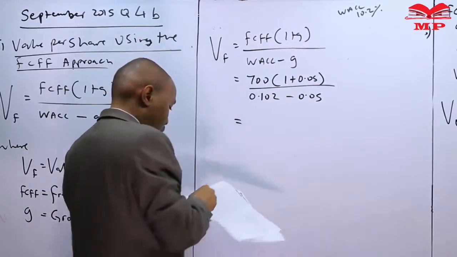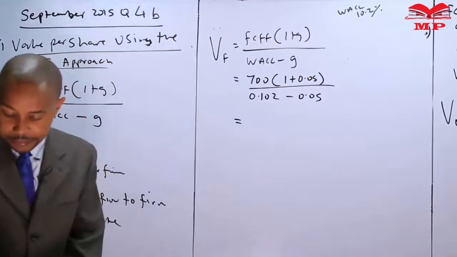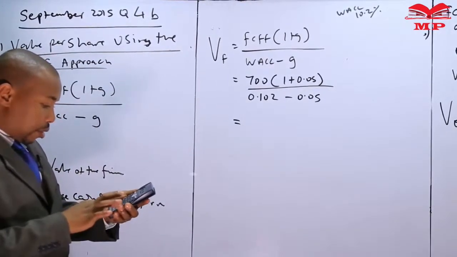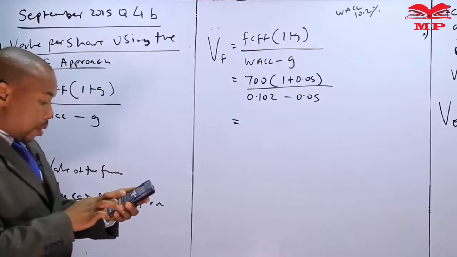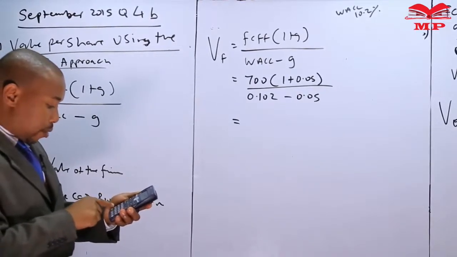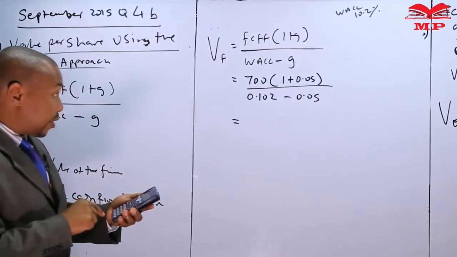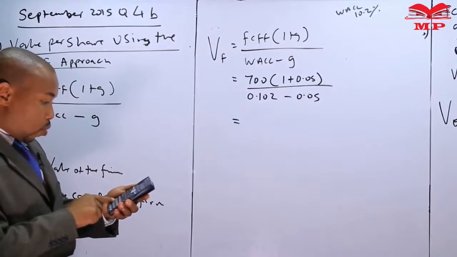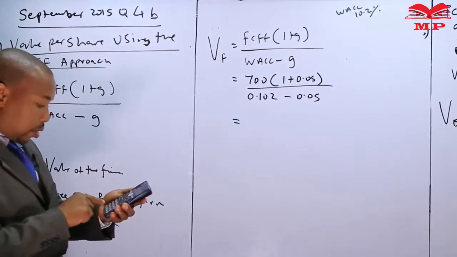So how much do we get as the value of the firm? We have 700 multiplied by 1.05, equals 735, divided by 0.102 minus 0.05.